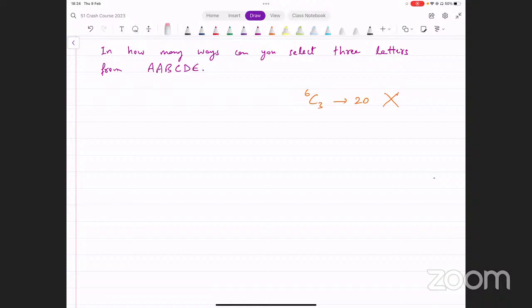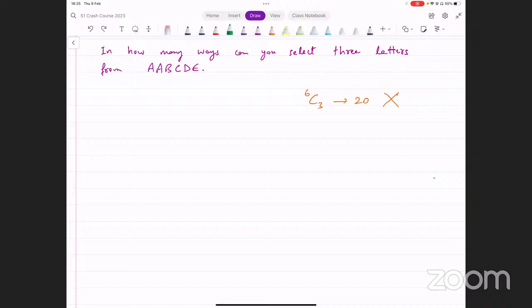So you think about all the different options you've got for that identical object. In this case, we've got A that's repeated, that's coming twice. So we would consider all the possible cases that we have for the letter A.